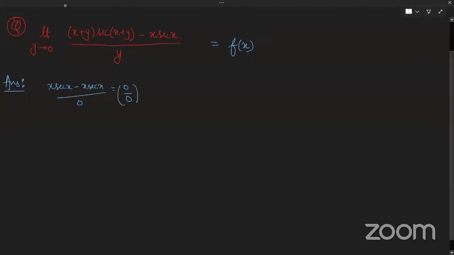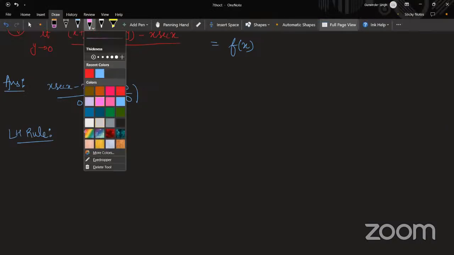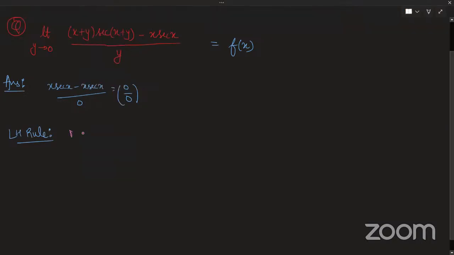So if it is 0 by 0 form, I have two methods. Obviously I will go for L'Hopital's rule first, and then I'll tell you the other. If I go for L'Hopital's rule, I want to differentiate my numerator and denominator with respect to which variable?